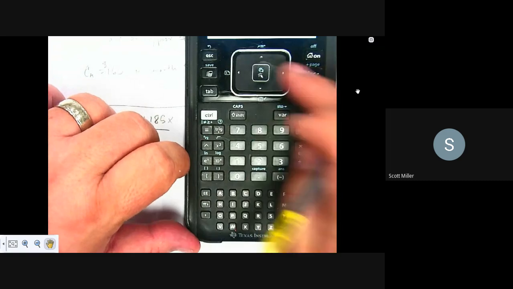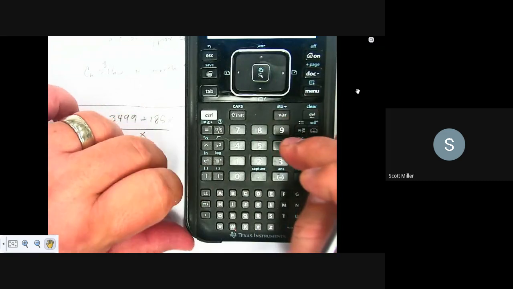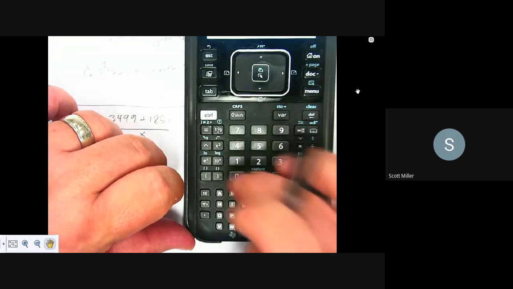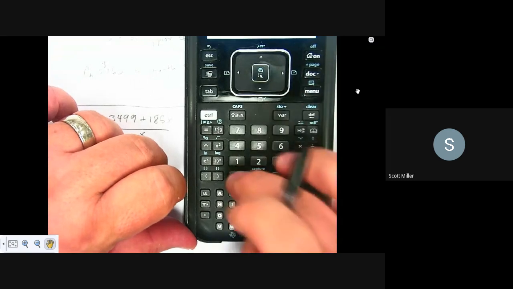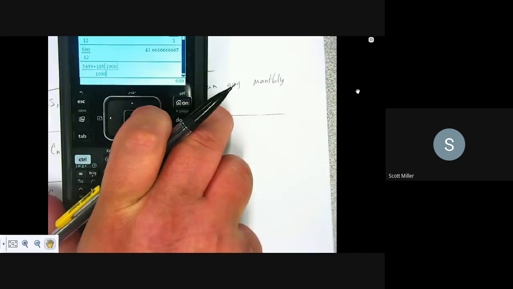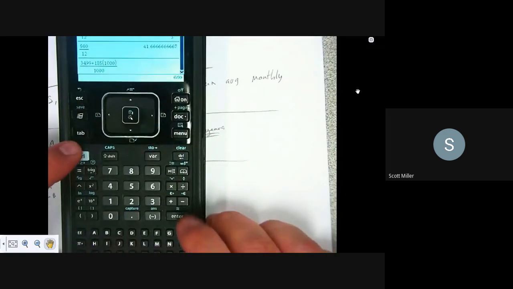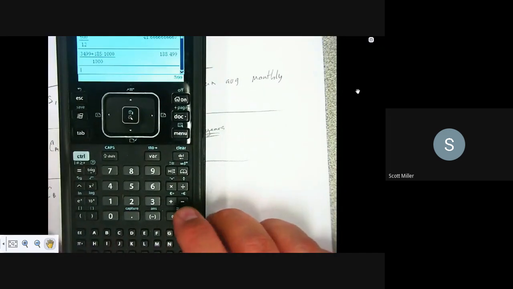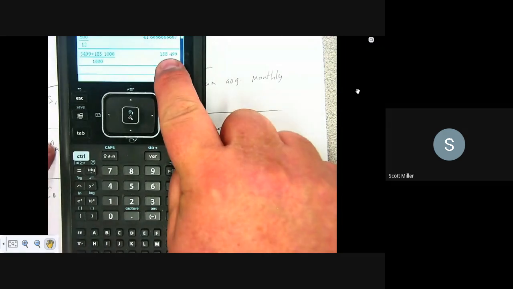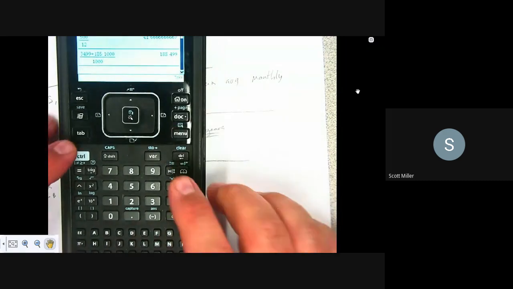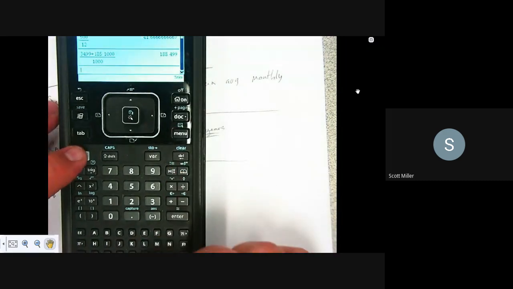I'll put 1,000 as a placeholder, both in the numerator and the denominator. If I do that, the answer is $188. That's pretty low. Can I do more?